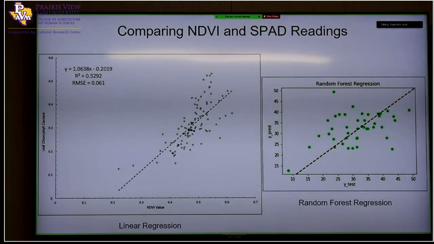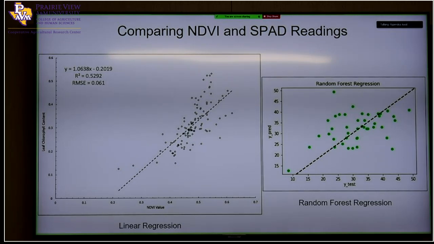And another goal of our project was to see if you could relate leaf chlorophyll content and NDVI readings. And so we tried 2 methods, just a simple linear regression done in Excel, and then also a random forest regression that Dr. Wall walked us through using Python. This is a decision tree model that essentially is used for determining nonlinear relationships.